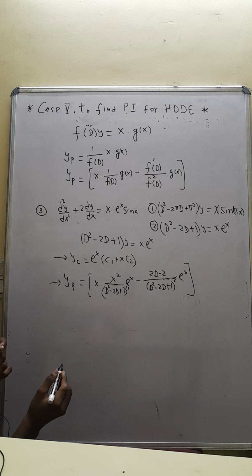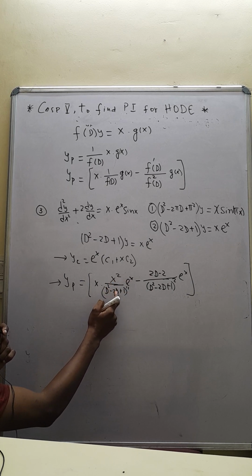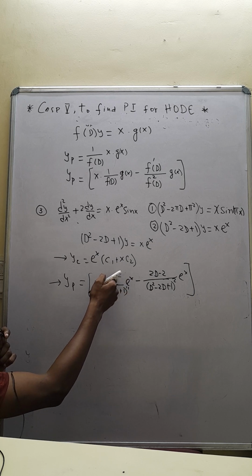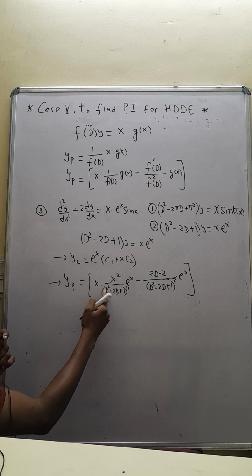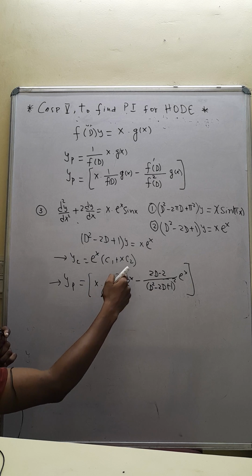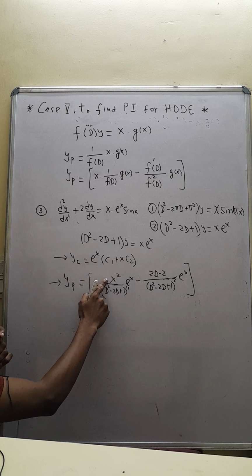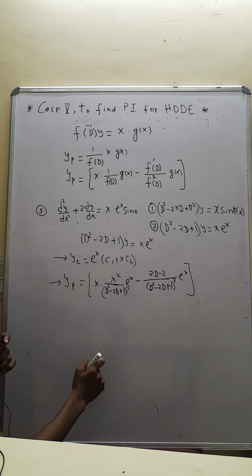Why am I doing this? Because if I put minus 1 here, 1 here and 1 here, it will be 0. And if I add x here and derive 1 time, and then put 1 again, it will be 0 again. Because here it is repeated 2 times, I have to multiply by x squared, then I have to derive 2 times also.